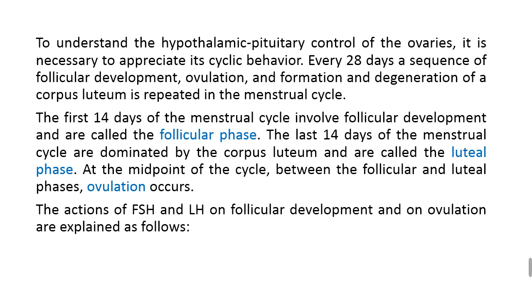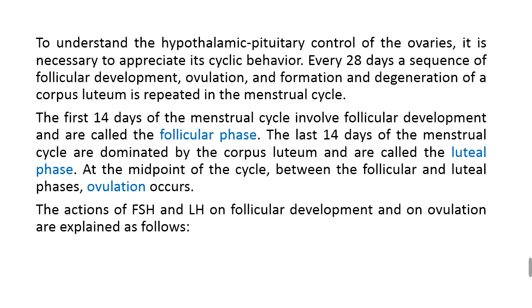To understand the hypothalamic pituitary control of the ovaries, it is necessary to appreciate its cyclic behavior. Every 28 days, a sequence of follicular development, ovulation, and formation and degeneration of the corpus luteum is repeated in what is called the menstrual cycle. The first 14 days of the menstrual cycle involve development of the follicle.